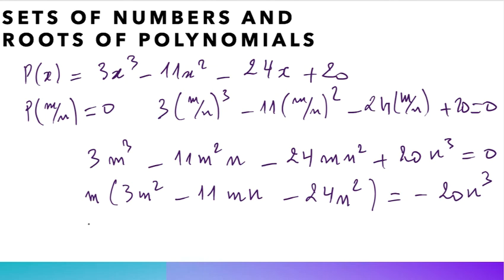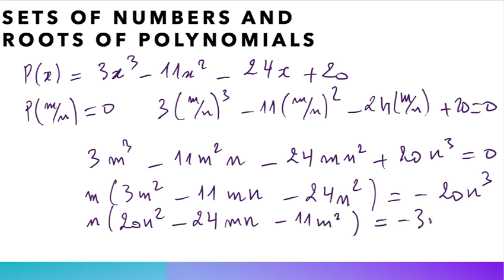But we can also rewrite this as n times (20n squared minus 24mn minus 11m squared) is equal to minus 3m cubed. Ooh, scary, but do not get too scared, because the first line means that m divides minus 20n cubed, and this second line means that n is a divisor of minus 3m cubed.